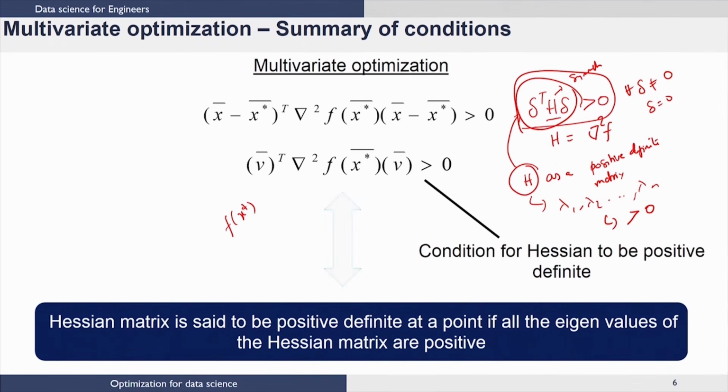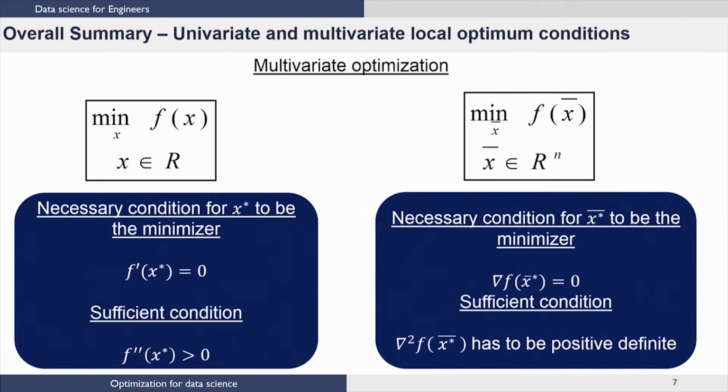So, this is the complete equivalent of what we did in the univariate case. So, to summarize, in the univariate case, the two conditions are f prime has to be 0 and f double prime has to be greater than 0. In the multivariate case, these translate to grad f equal to 0 and the Hessian matrix being positive definite.